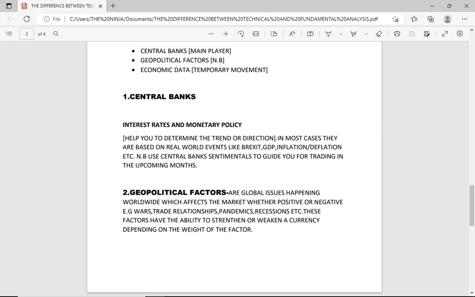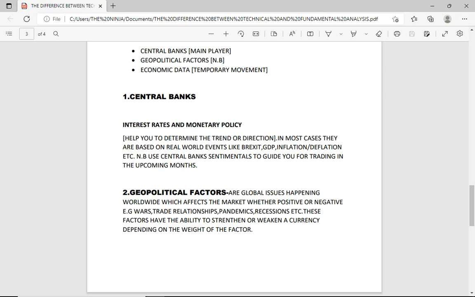So these ones are actually strong. Trade relationships are not that hard, but pandemics, recessions, wars, they affect the world globally. So these ones are hard, like pandemics. You saw what corona did to us. It didn't only affect us physically, the markets were also affected.